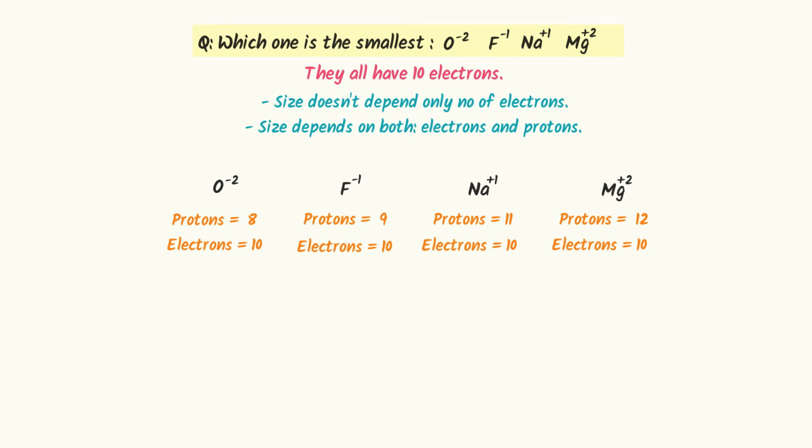For example, magnesium has 12 protons pulling 10 electrons. That is a very strong pull. The electron cloud is pulled inward very tightly. The size becomes very small. Now look at oxygen. Oxygen has only 8 protons pulling the same 10 electrons. That is a weak pull.